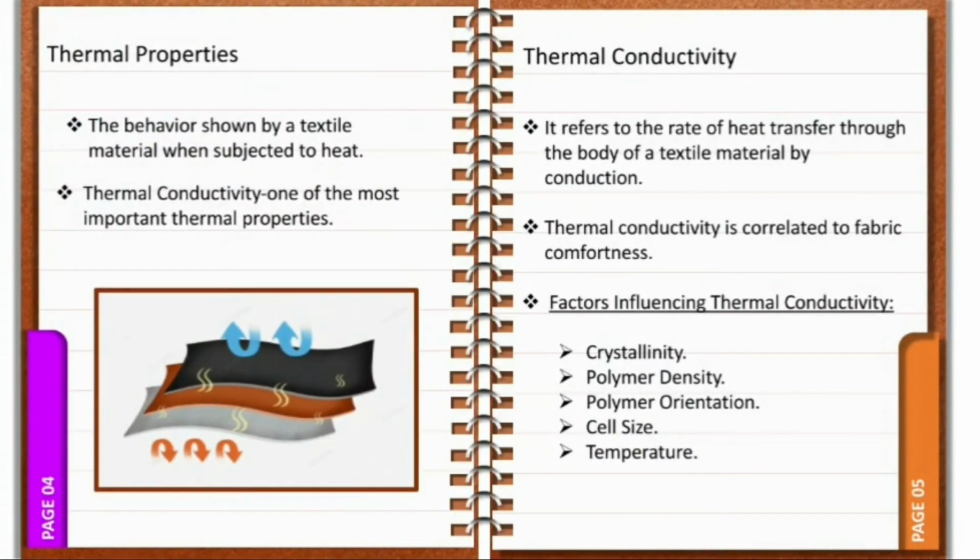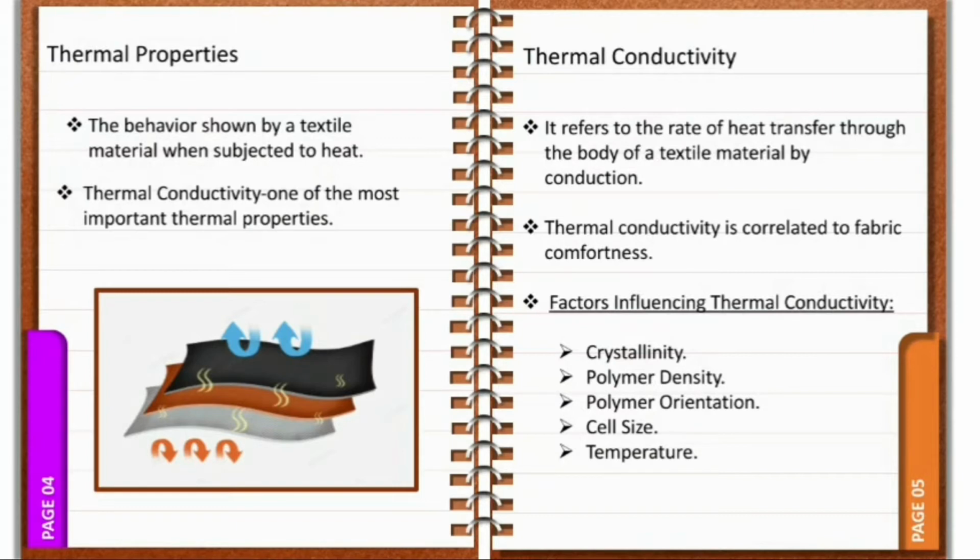Thermal properties. When a textile material is subjected to heat, it shows some specific behavior. The behavior shown by a textile material when subjected to heat is known as thermal properties. There are many thermal properties, and today I'll talk about one of the most important thermal properties, which is thermal conductivity.